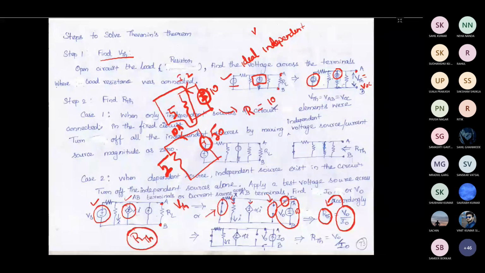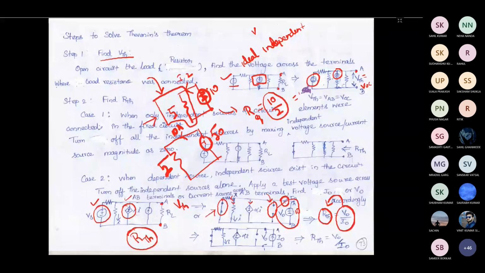Suppose you do not know the resistance value, you have a voltage source, and you know the current coming out of that voltage source. Then you can obviously find the resistance available there. This is the equivalent resistance, given by voltage divided by current, 10 divided by 2, which is 5 ohm.